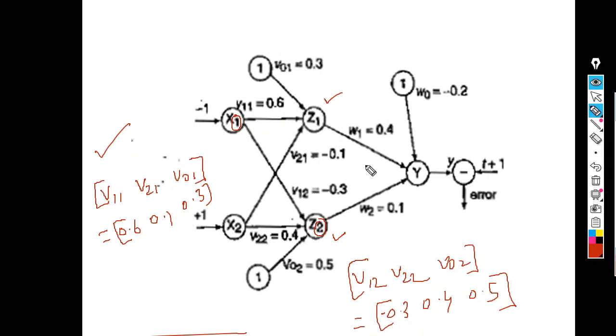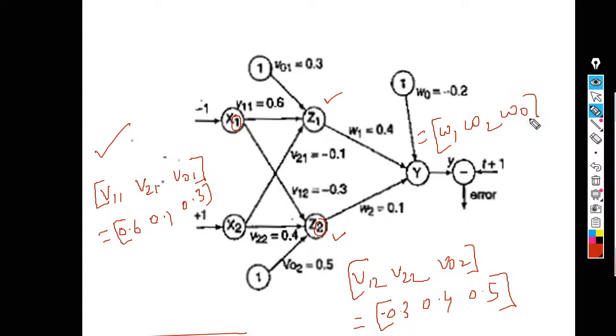Now we will focus on this particular y. What are the different inputs coming over here? First w1 is coming, then w2 is coming, and then w0 is coming.